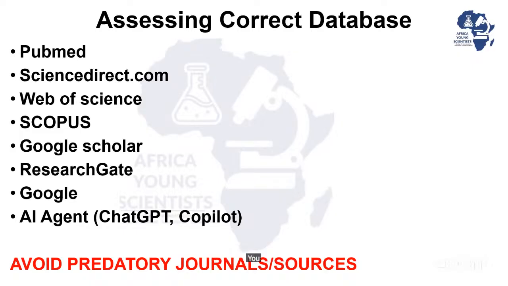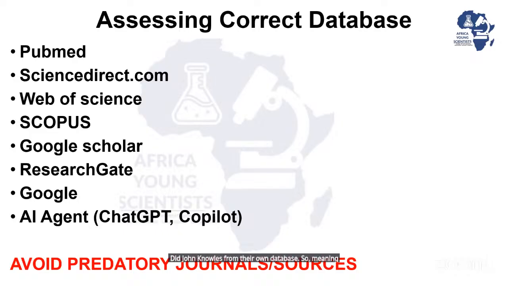The reason I prefer indexing databases like PubMed, ScienceDirect, Web of Science, and Scopus is that they already have journals that are indexed on those platforms. So when you search, your results will be limited to the journals in their own database.